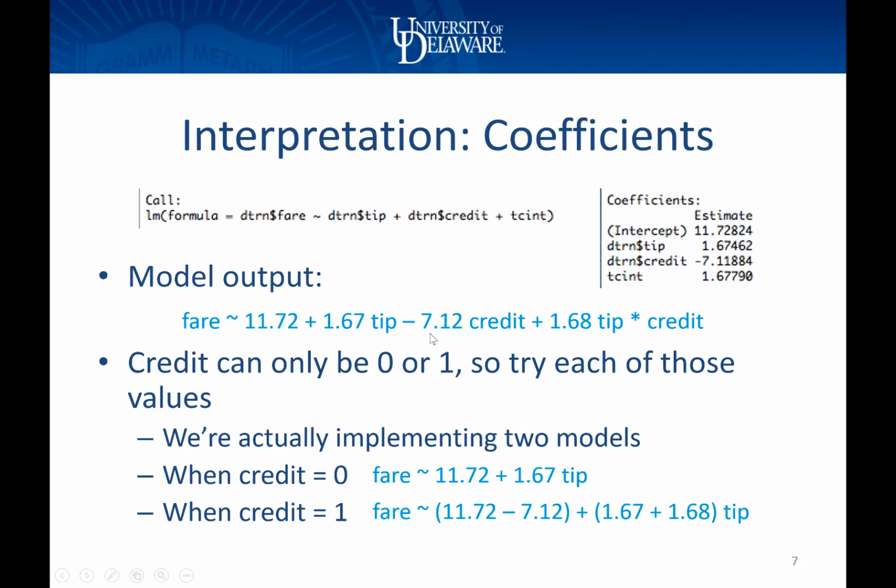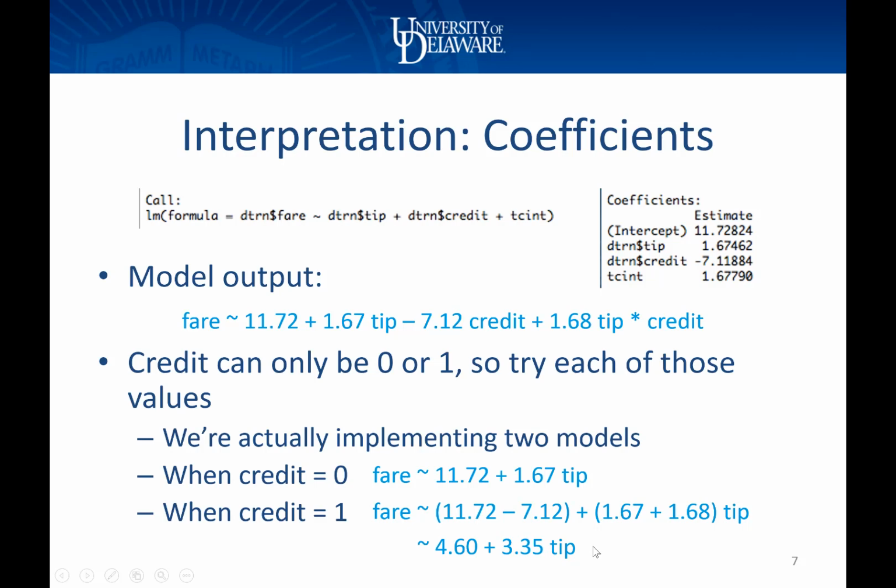Well, if I've got 11.72 and -7.12, I could just add those numbers together. I would also have 1.67 times tip and then 1.68 times tip times 1. So I can add those two numbers together and multiply them by tip. So I'm really getting an intercept of 4.6 plus 3.35 times tip.